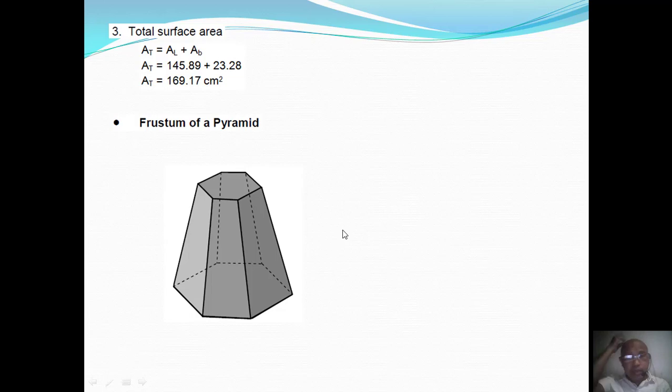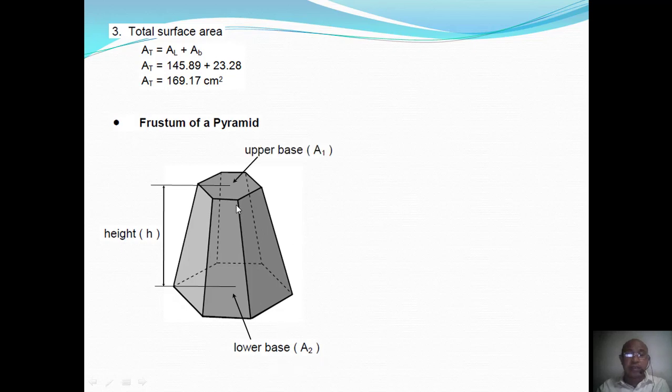So we have now two bases which are similar polygons. So h is the perpendicular distance between the bases. So lower base A2, upper base A1. Then we have the lateral face. And we have here the slant height L.